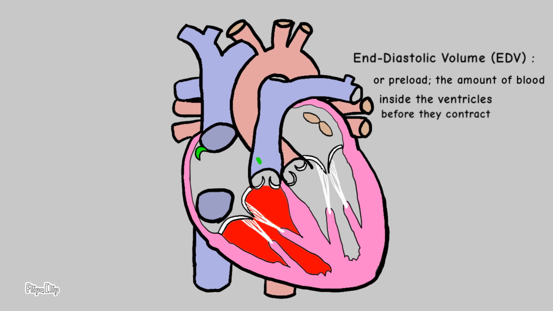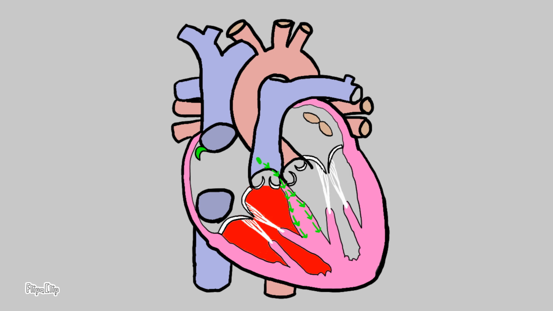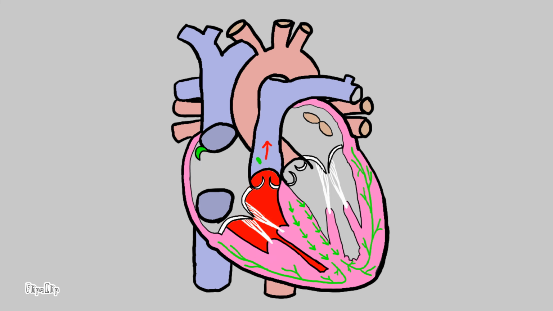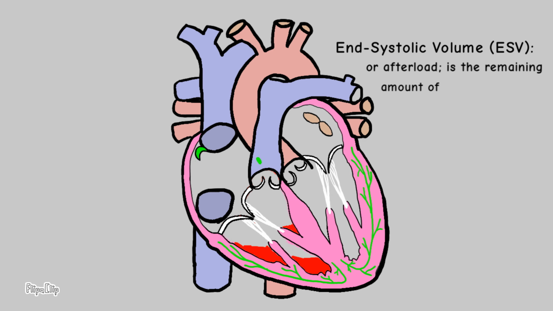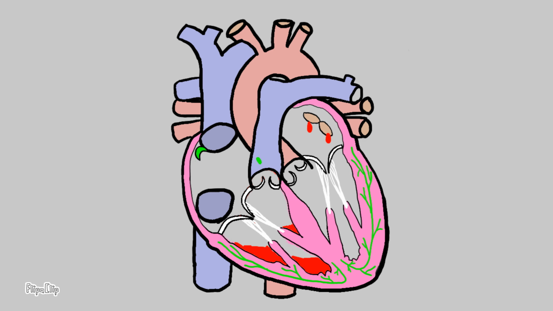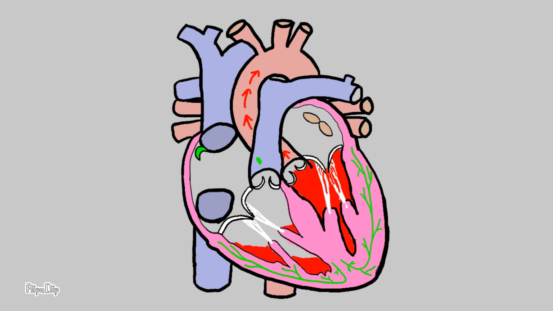We see our action potential travel from the AV node down to the bundle branches and into the Purkinje fibers, causing the contraction of the ventricles and giving us our end systolic volume. So end systolic volume is just going to be the volume at the end of systole, which is going to be our period of contraction. And then, once the blood leaves the ventricle and into the aorta, we are all set.